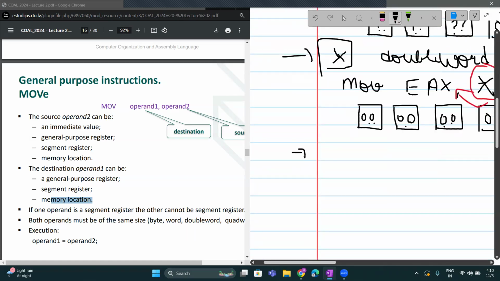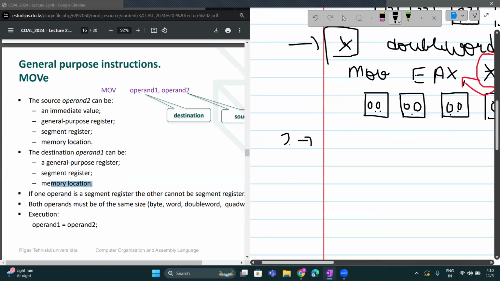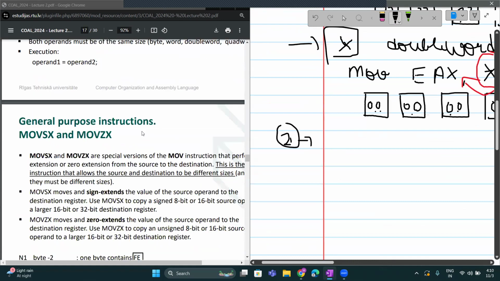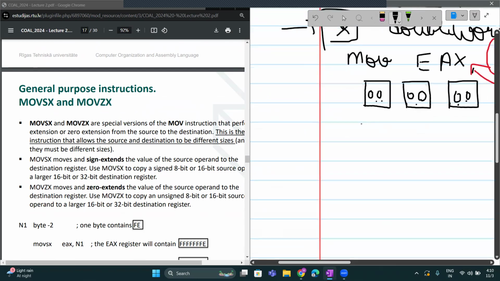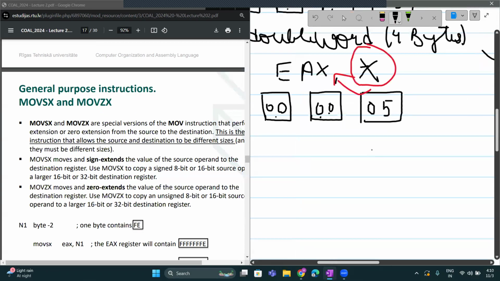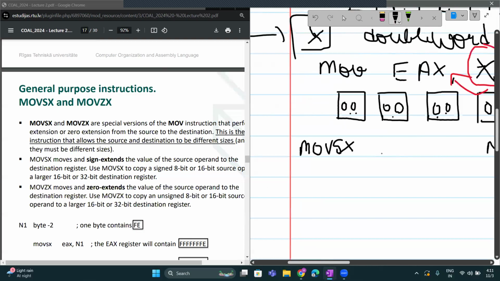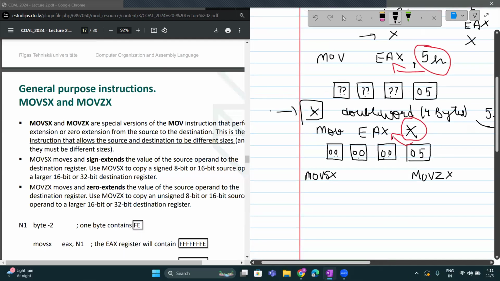This was the first move operand. Now let's try the second. Before that, there are more types of move: movsx and movzx. See this question mark problem we faced here.